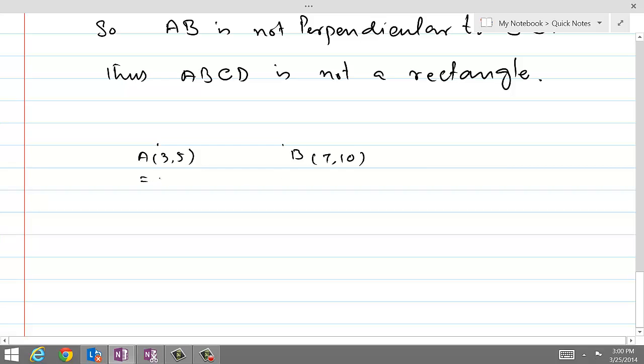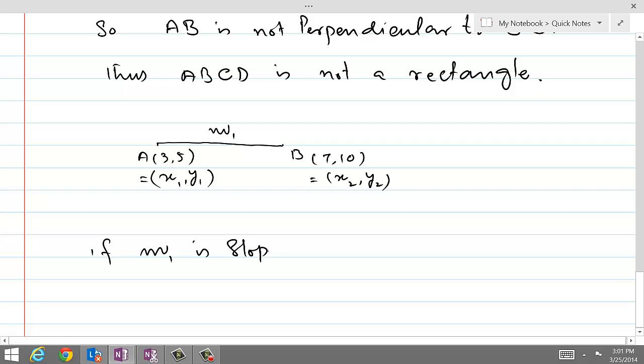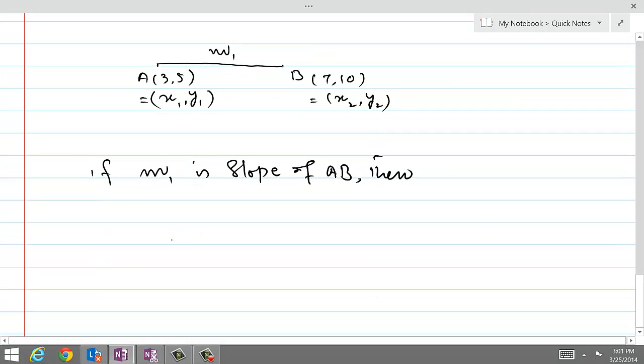If we label this as x1, y1 and this as x2, y2, then call the slope of AB m1. m1 is equal to y2 minus y1 over x2 minus x1.